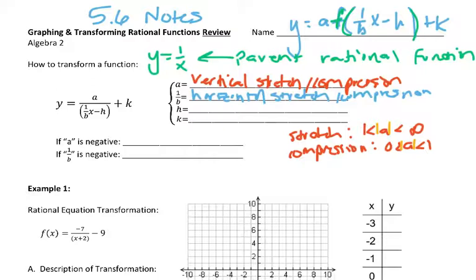And so when 1 over b is a stretch, it's between 1 and infinity. So we could also put 1 over b in for this a value, and that would give us a compression as well.